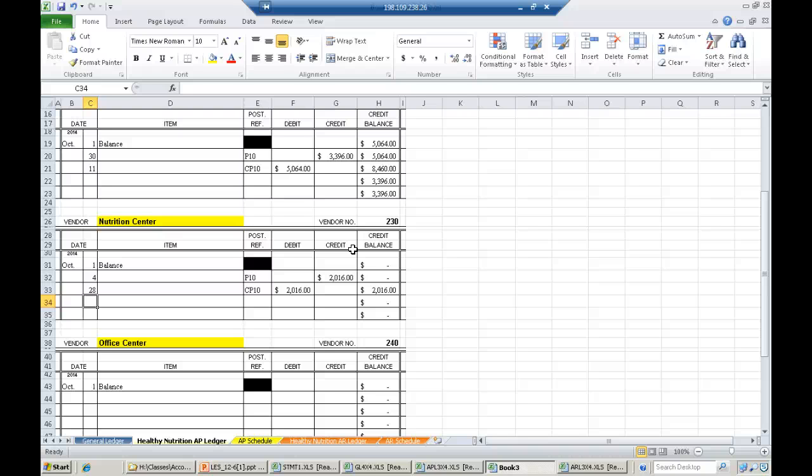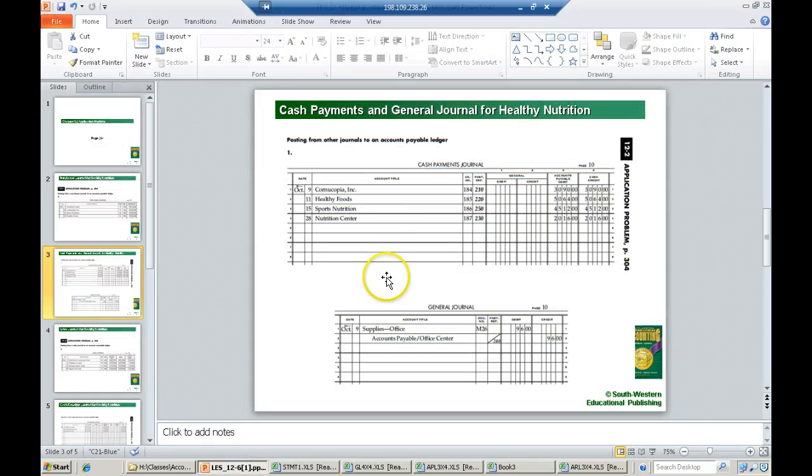Last thing we're going to do is record the general journal, which is this right here, into these accounts. So we owe Office Center $96.